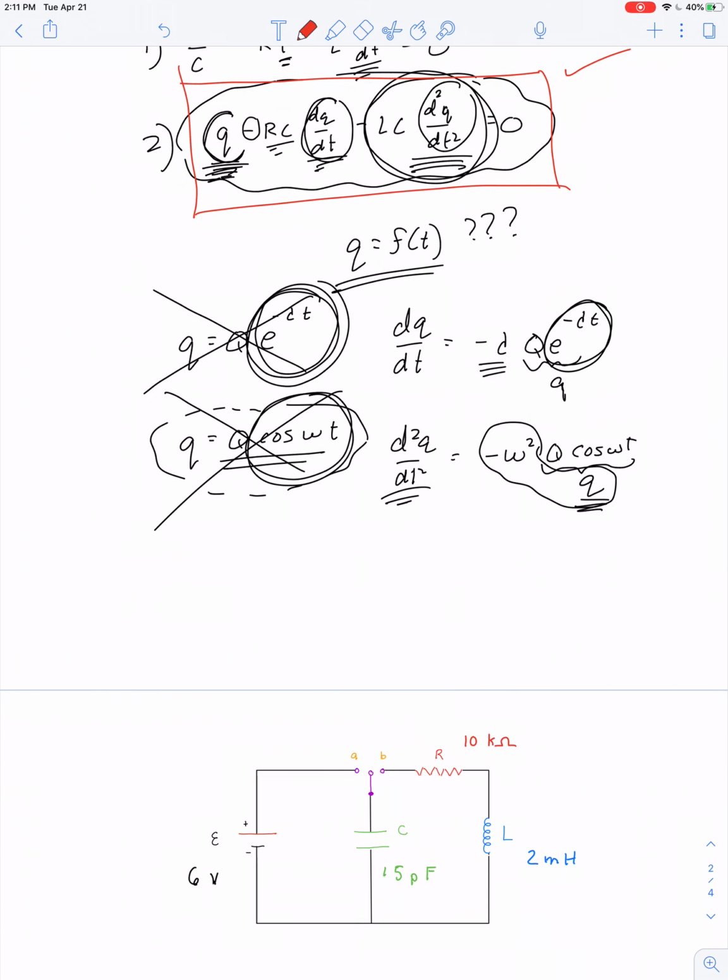An equation that satisfies this differential equation is one of this form. The charge on the capacitor is equal to some maximum value of charge times e to the negative R over 2L times t, also times cosine omega prime times t. Now, let's talk about this value omega prime.